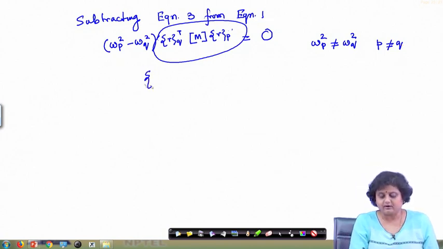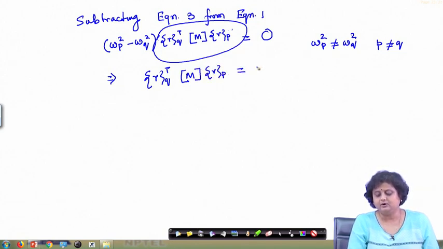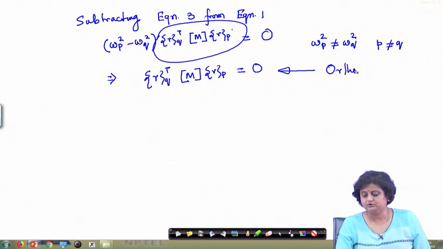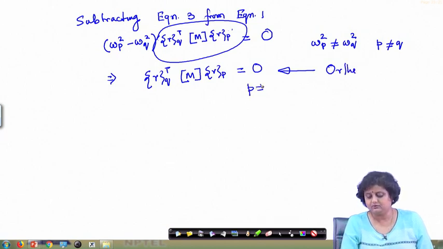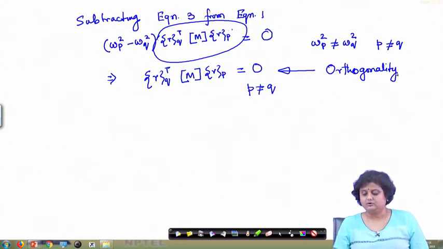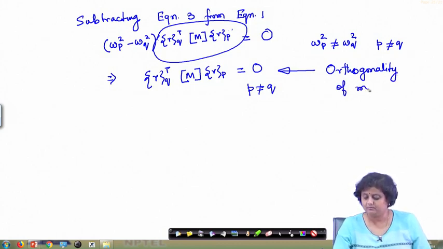Therefore, from this expression we can say that r q transpose into m into r p is equal to 0, and this is the expression for orthogonality of mode shape for p not equal to q. So, this is the equation for orthogonality of mode shape.